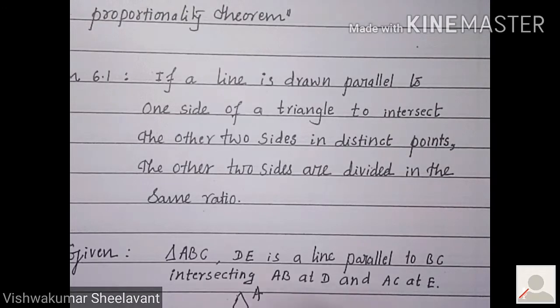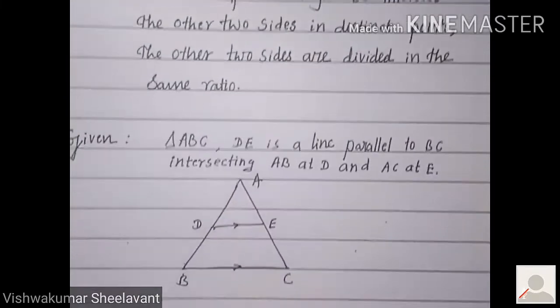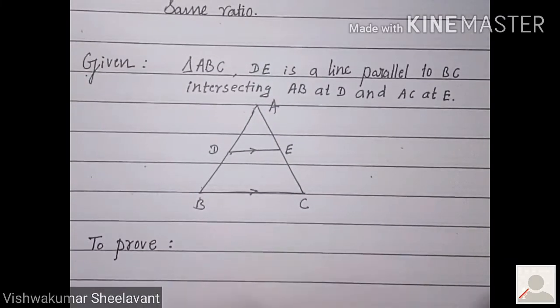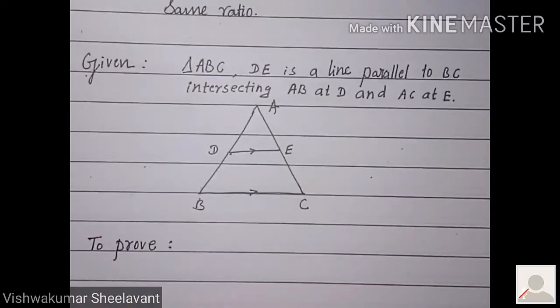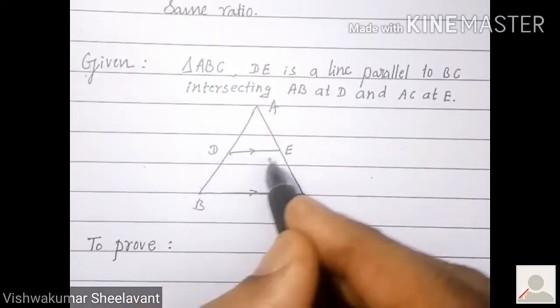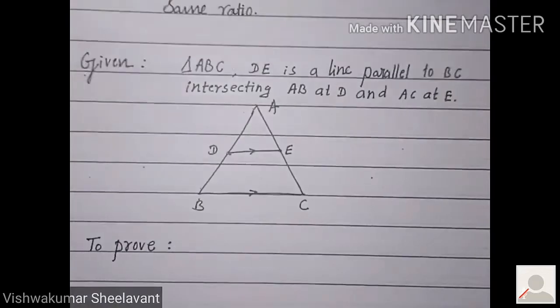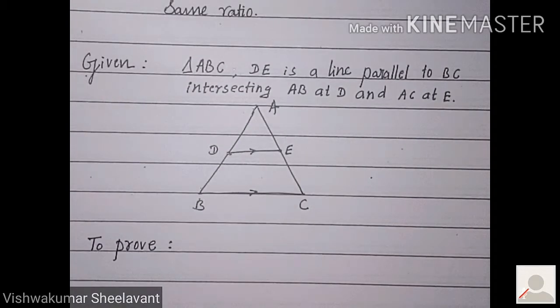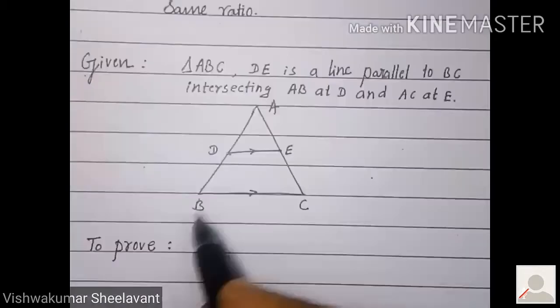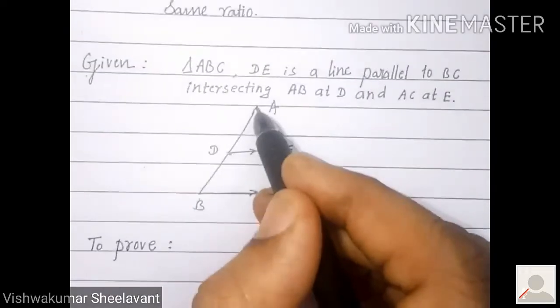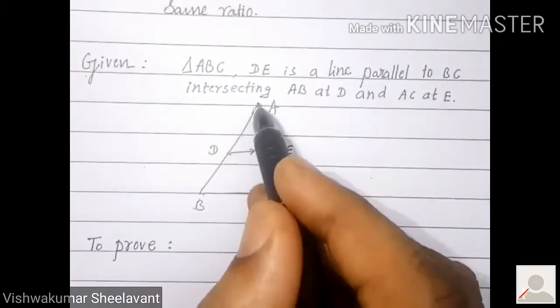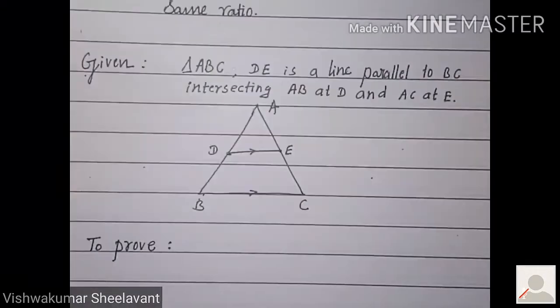Other two sides means which sides? AB and AC. So at this point D and this point E, AB and AC are divided into two parts. In AB, the two parts are AD and DB.